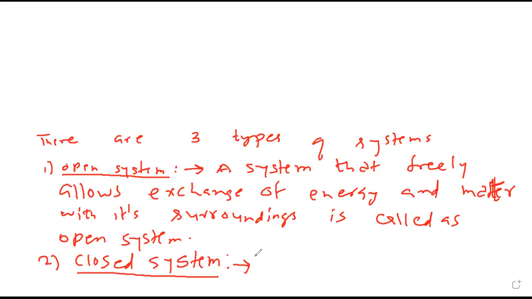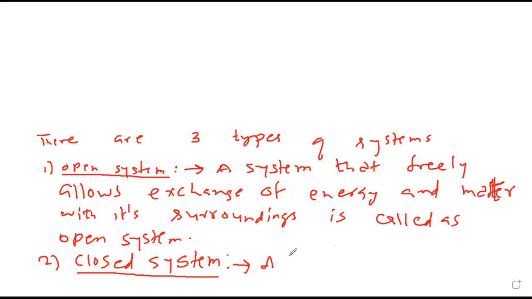Yes, sir. See, in a closed system, it will give heat, but not matter. That means particles will not move. So if I have water closed in a container and heat it, the water will boil, but it will not leave the container. That is called a closed system. Closed means it is not allowing mass to travel, only heat can be exchanged.